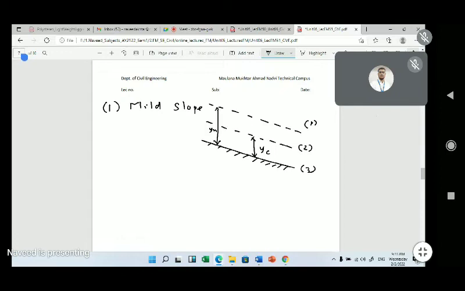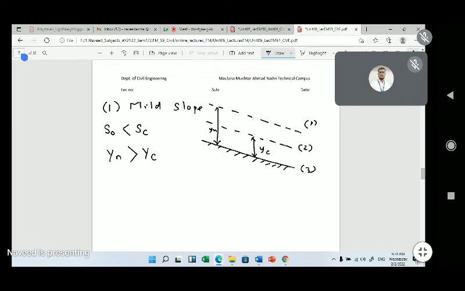For mild slope, the bed slope is less than the critical slope, and Yn, the depth of flow, is greater than the critical depth Yc. So in case of mild slope, this condition should be satisfied.